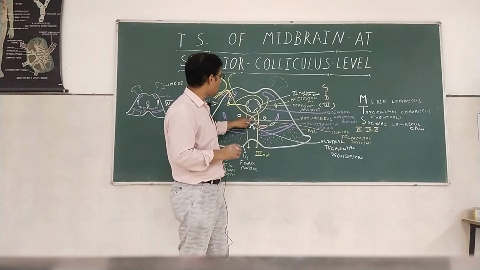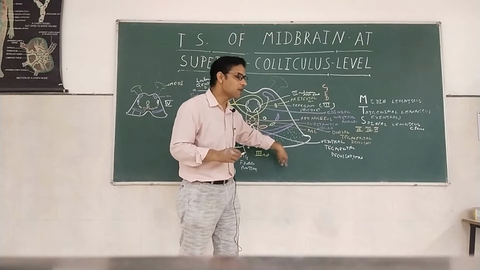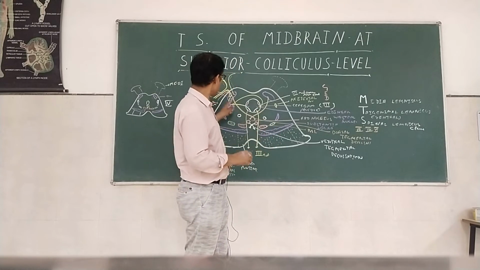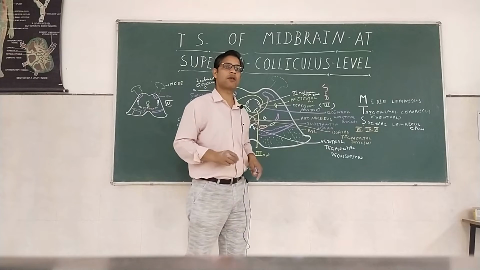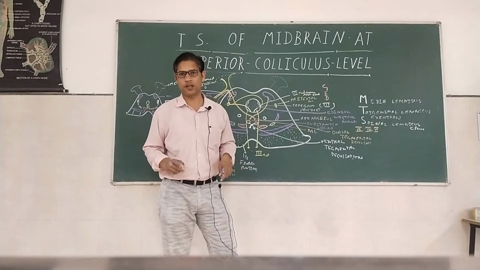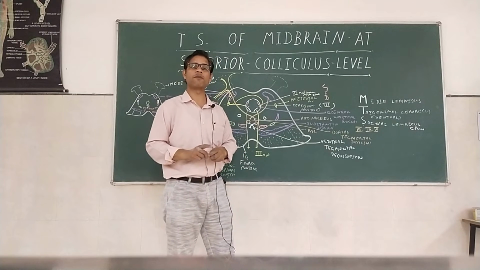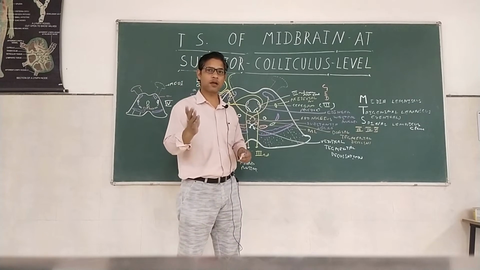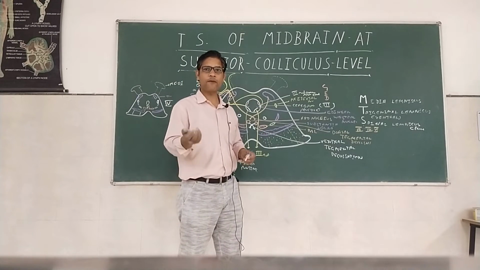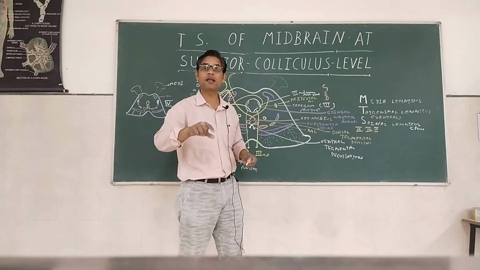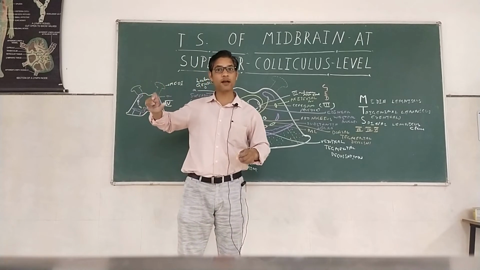And the dorsal tegmental decussation is associated with fibers coming from the superior colliculus, and majorly it is concerned with the visual area. The superior colliculus receives afferents from the retina, from the cortical area as well as from the spinal level, because visual effect is spinal.